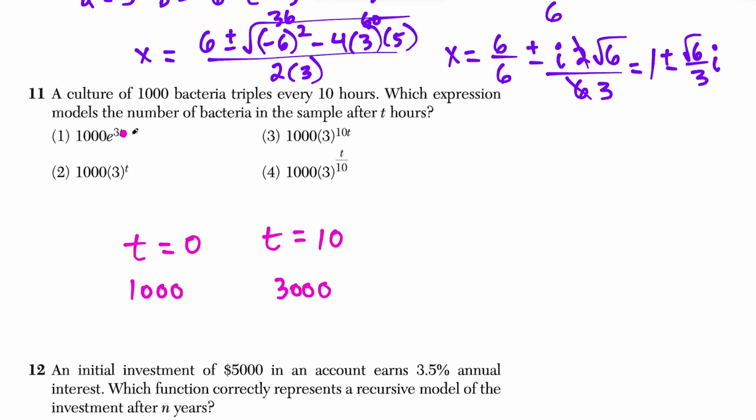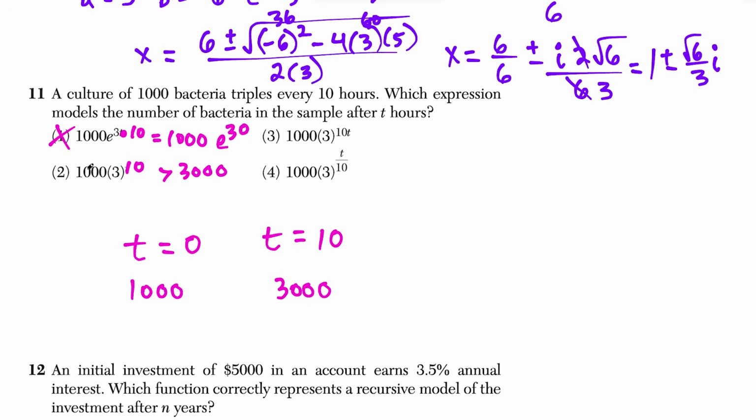Well, if we plug in 10 here, we're going to get 1,000 times e to the 30th power. And this is definitely going to be way more than 3,000. So this one's out. If we plug in t equals 10 here, this is going to be way more than 3,000 as well. So that's how I know this answer is out. This is tripling 10 times, okay?